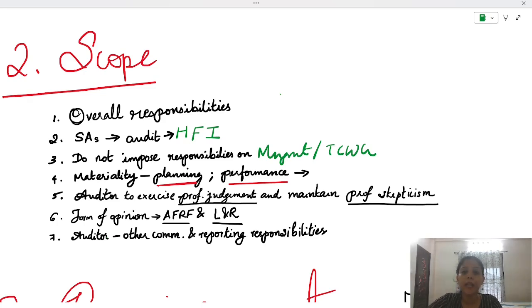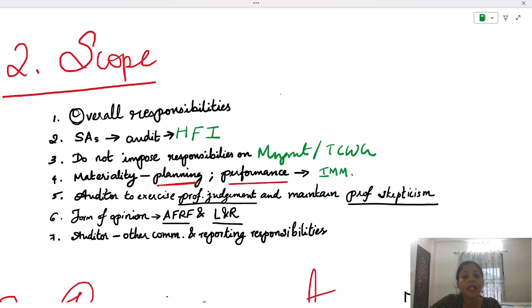Okay, then he can't be held responsible. So for materiality, there can be planning materiality and performance materiality. The auditor shall not be held responsible for immaterial misstatements in the financial statements if he has given a clean opinion.